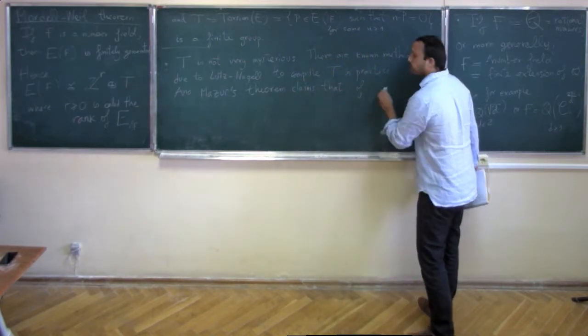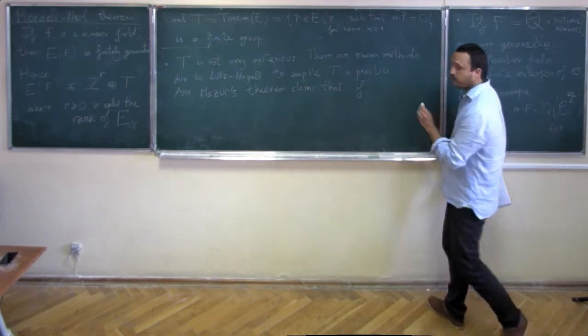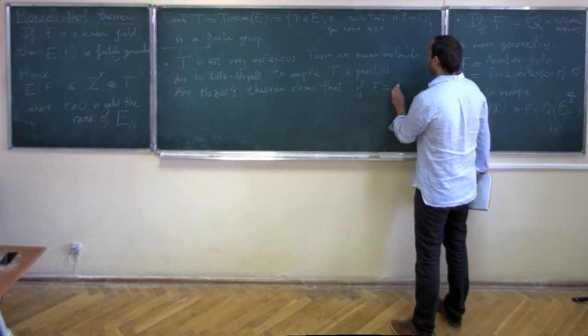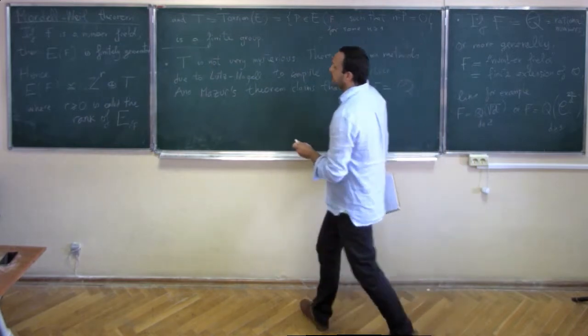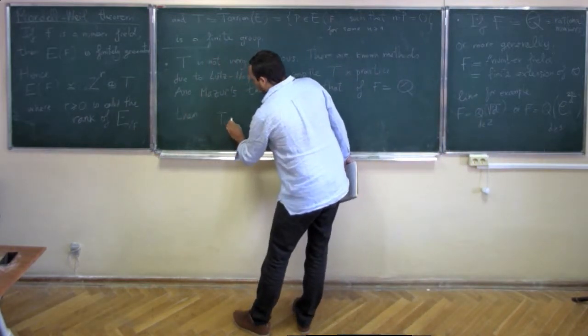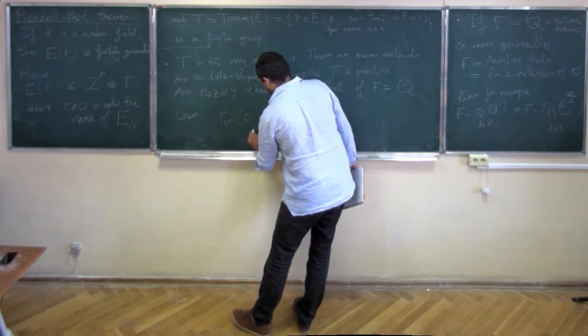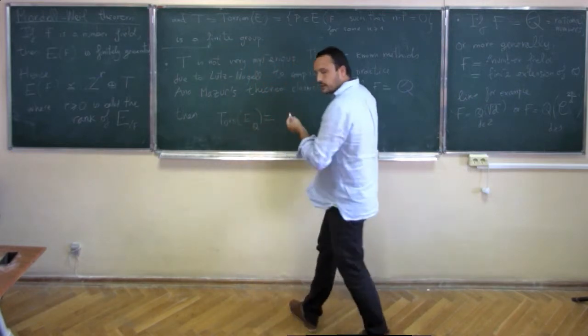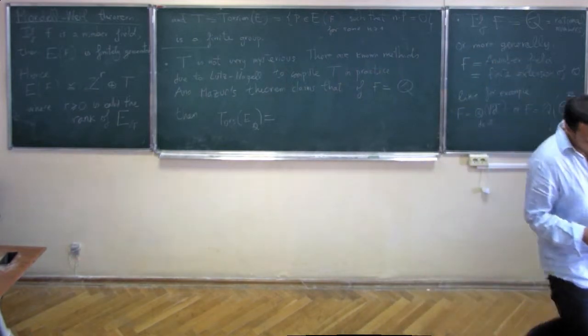That if we take, for instance, F to be the field of rational numbers, then the torsion of the elliptic curve over Q has only finitely many different possibilities.